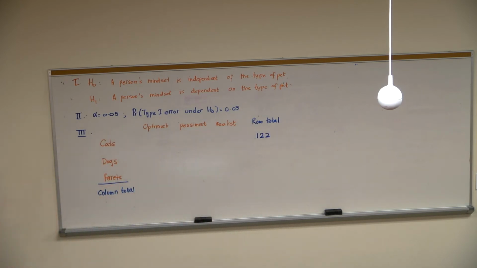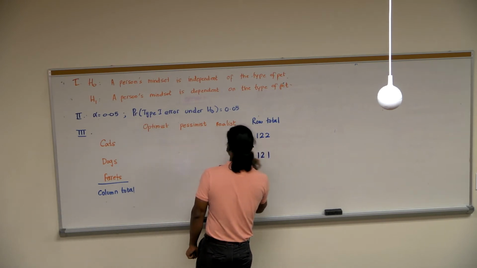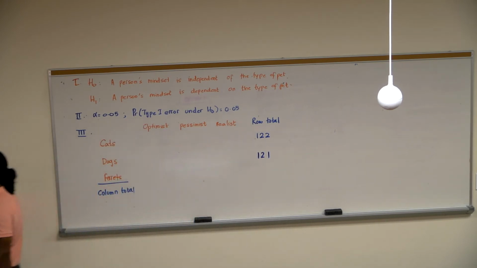Likewise, if I add the second row of observed frequencies, I would have 40 and 121. And the last row, the observed frequencies, 72, 82, and 84.